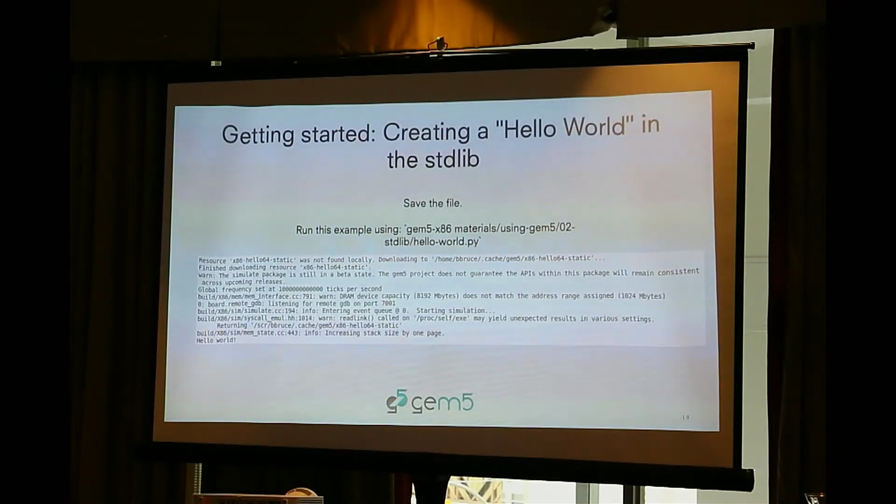To run this, you would use gem5 x86 and then the path to that file. As a disclaimer, if you're using Codespaces, you shouldn't need to compile gem5 because we already have some binaries there for you to use. When you execute this, you're going to run your Hello World simulation.